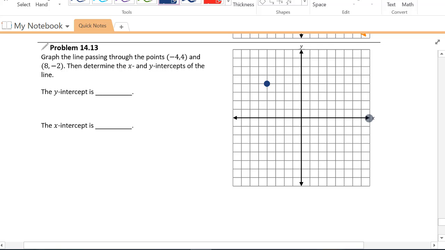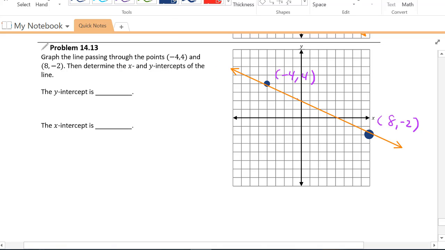That's 8, and then -2, so I'm going down 1, 2. I should be right there. Okay, label that. That's -4, 4. This guy is 8, -2. And now I'm going to connect the two dots. It looks something like that. Yep, I like that.